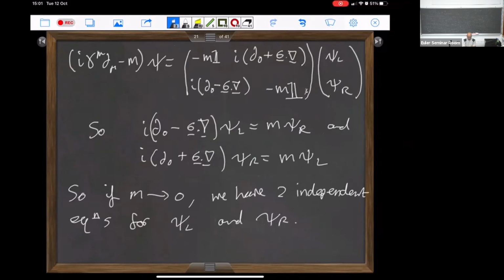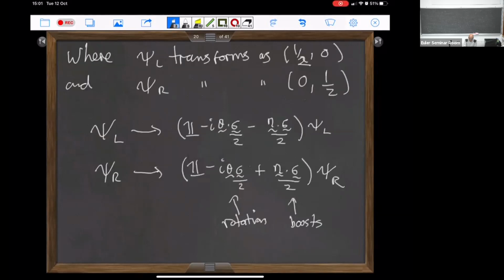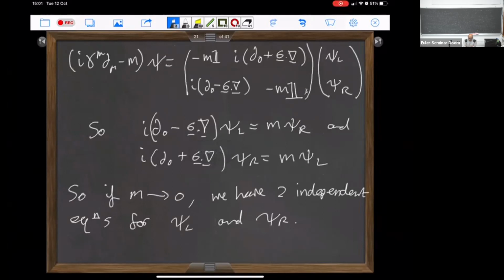Okay, so if I write out the Dirac equation in a form which is appropriate to this block decomposition in terms of the sum of these two-dimensional representations, then we can write it in the following way, in terms of this 4x4 matrix written in terms of 2x2 blocks, or equivalently in terms of these two equations for two-component spinors.